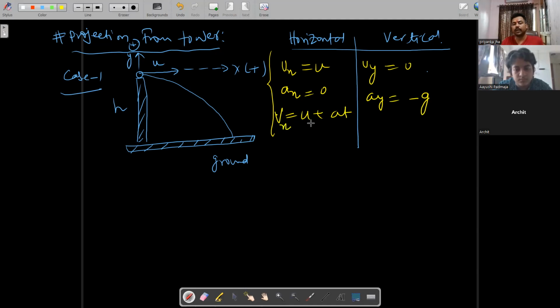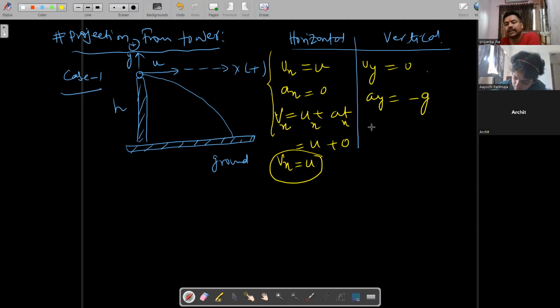So vx will be ux plus ax into t. ux is u and the acceleration is 0, so this whole term will be 0. So you can see that vx is also u. The horizontal component of the initial velocity will remain the same throughout the journey because there is no acceleration along the x-axis. Understood? Because if there is no acceleration, there is no force, and if there is no force, there should not be any change in the speed.